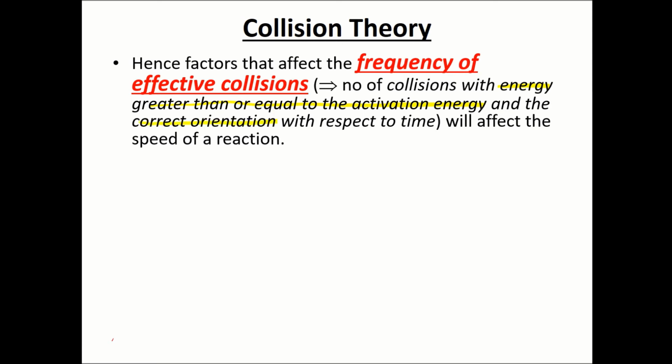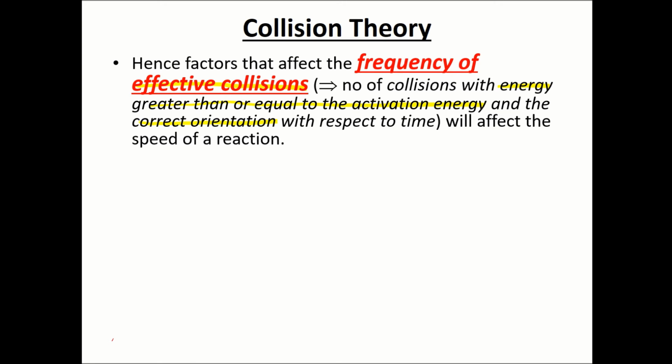So when particles collide or when particles meet with energy greater than or equal to activation energy, and the correct orientation, reaction can take place. These types of collision are called effective collision. For collisions where the orientation is not correct or the energy is insufficient, okay, then the collision will not result in reaction.